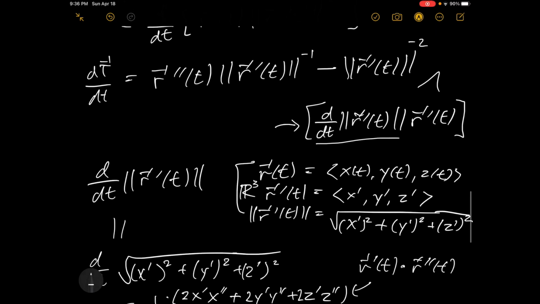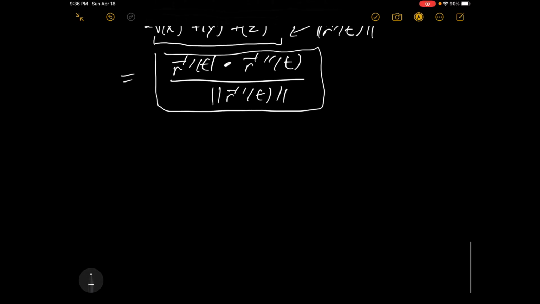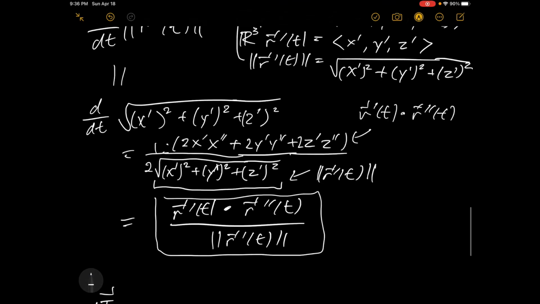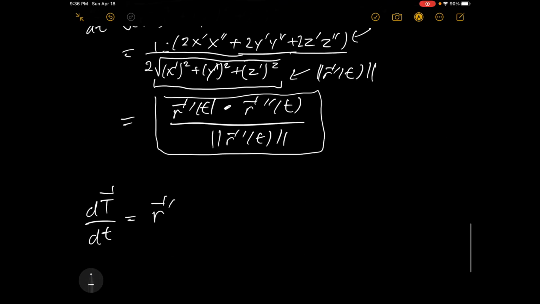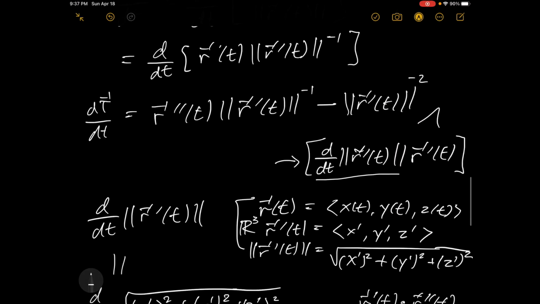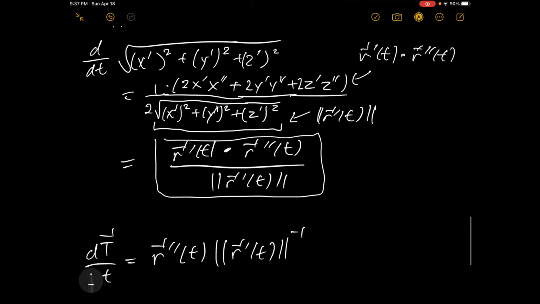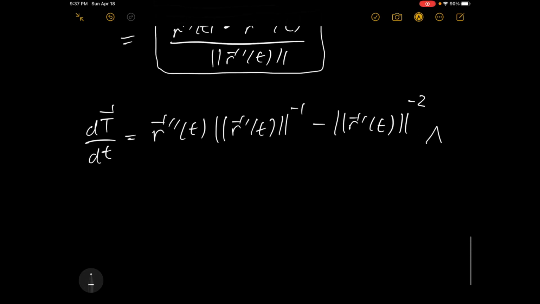So continuing, I will write dT over dt. I'm rewriting this, so then it's the acceleration times the speed to the -1 minus, and I put an arrow here so I can include some more stuff.